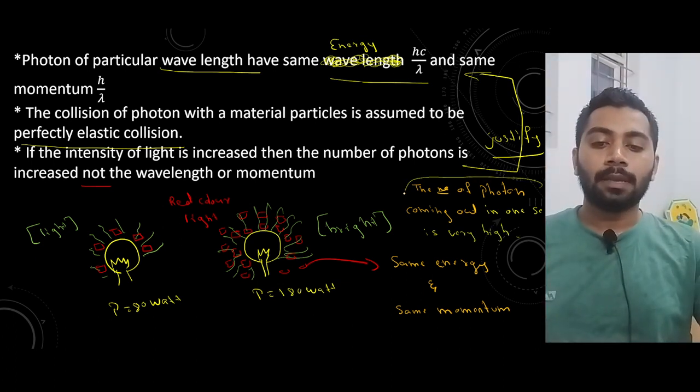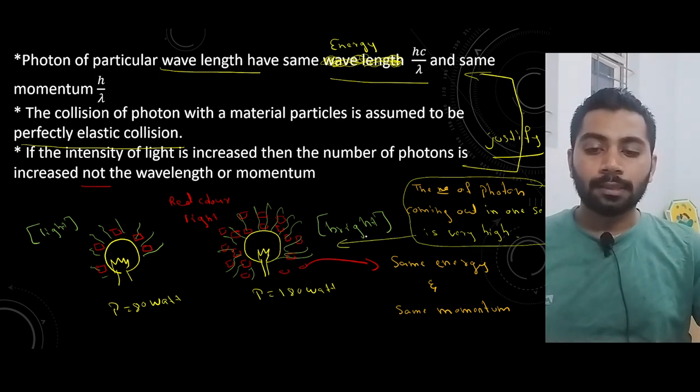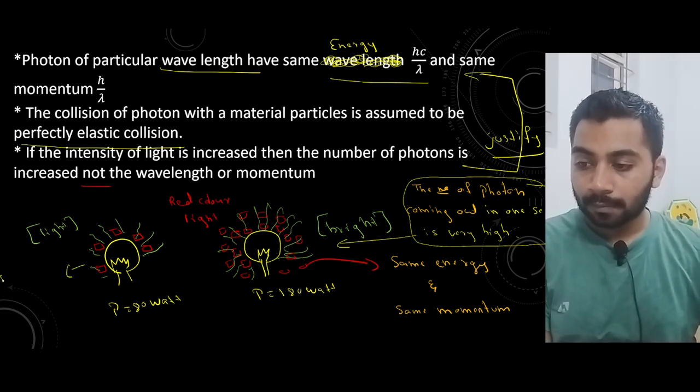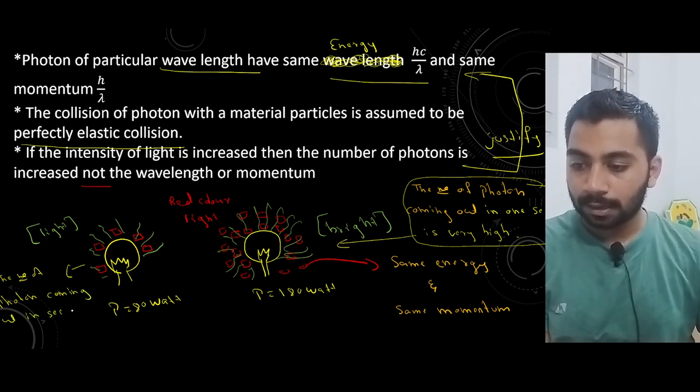This is the reason why this appears bright, and here the number of photons coming out in a second is less.